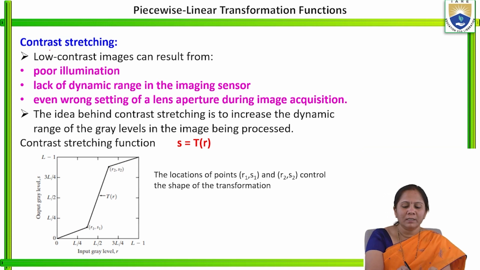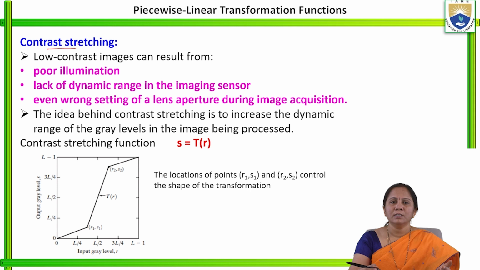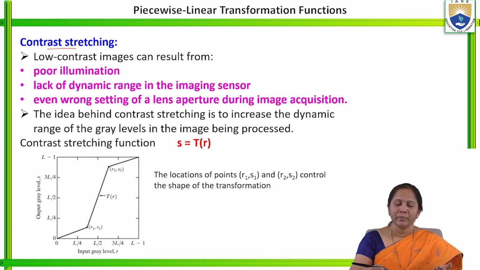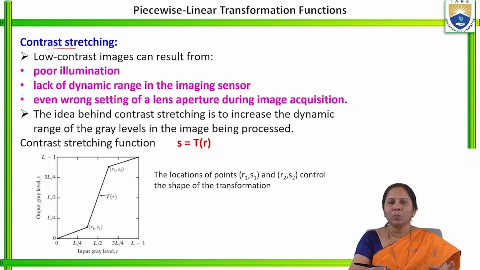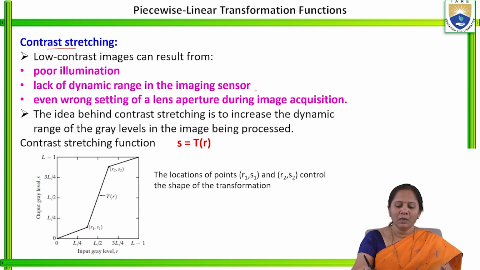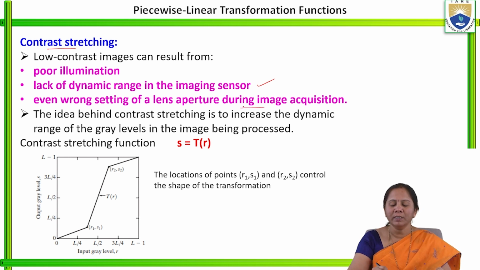First, let us learn what contrast stretching is. Whenever we capture an image, the captured image may be of low quality due to noise present in it, or due to lack of dynamic range in the image sensor, or due to the lens aperture during image acquisition. Maybe the lens has been set the wrong way.